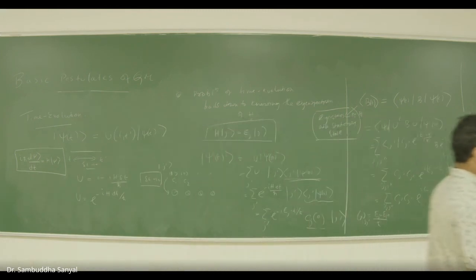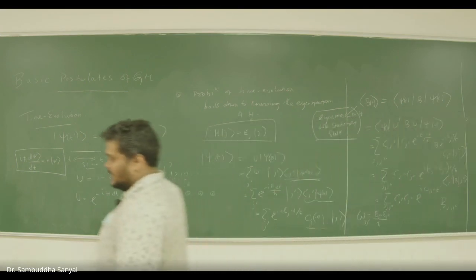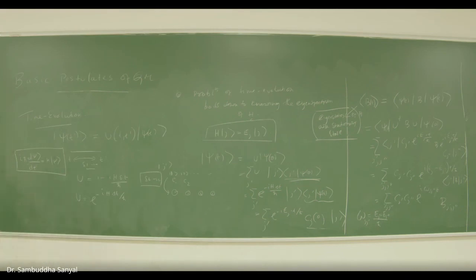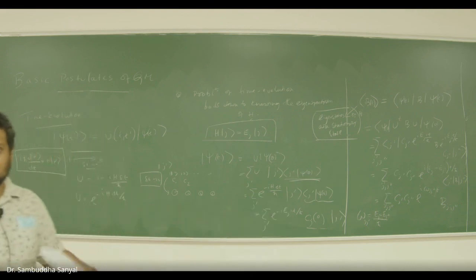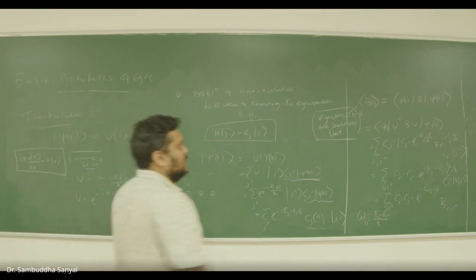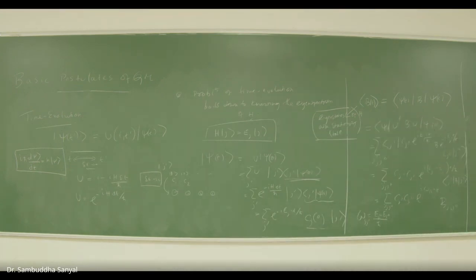The state you are evaluating is not an eigenstate of H, it is a sum, a linear combination with those phase factors. But if you are measuring an eigenstate, it will not be a sum of anything. It will be just that state with the phase factor. And we know the phase factor doesn't show up in probability, and that's why the state is not evolving with time.